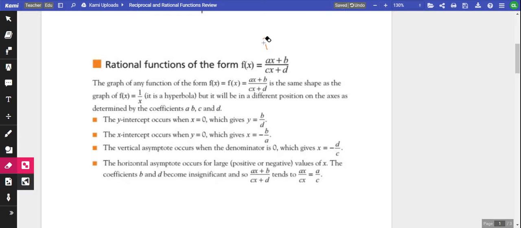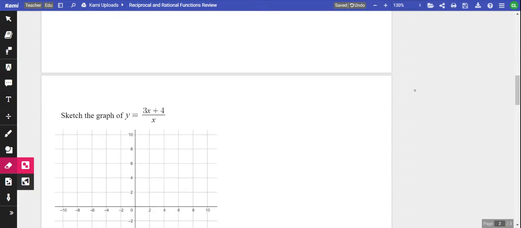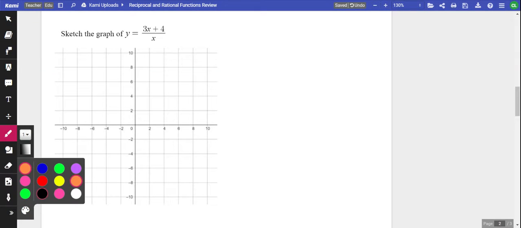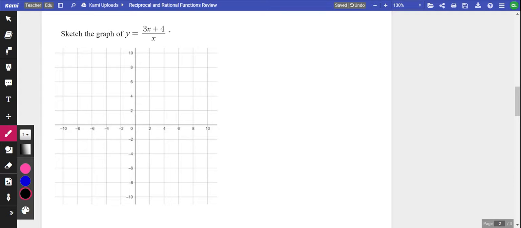So what does that look like with numbers? Well, let's see. It wants us to sketch the graph of y equals 3x plus 4 over x. When we just have a single denominator like this, we can actually simplify this function to make our life even easier. So this is the same thing as if I wrote 3x over x plus 4 over x.